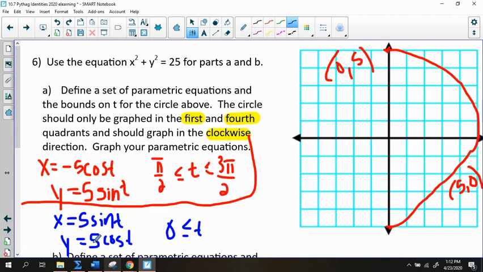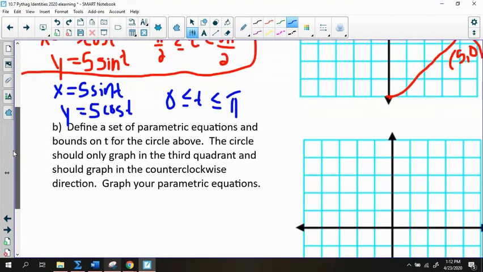Cosine of 0 is 1, so that gives you 5 as that starting point right there. Then if I use the next value, which would be pi over 2, sine of pi over 2 is 1. 5 times 1 is 5. So it goes in the correct direction, okay? So two options that I think are good.